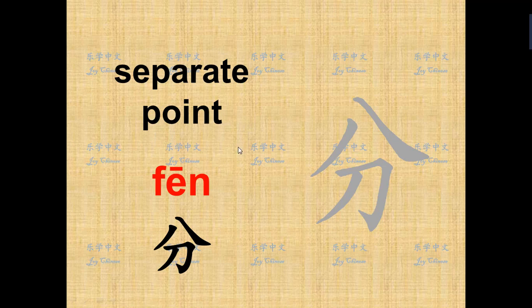Fen, and you will see on the top of fen is an 8, the number 8. Ba, if you remember, we learned this. Ba. In the bottom, this is also a character.